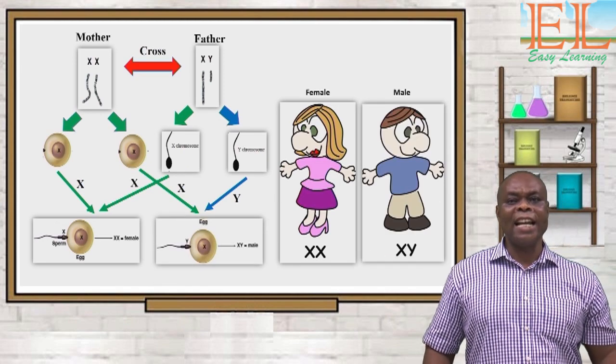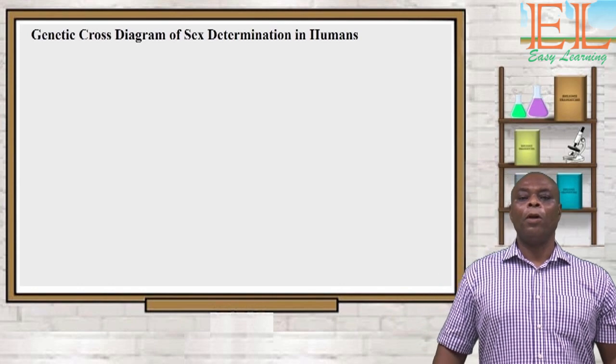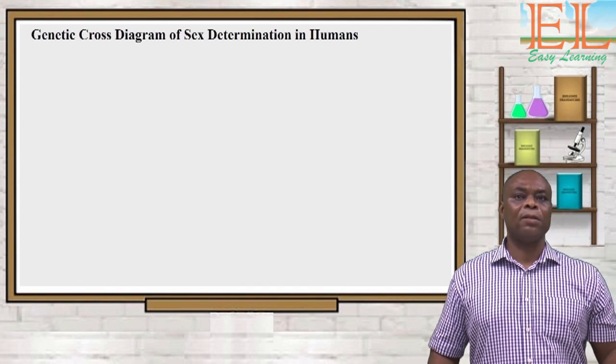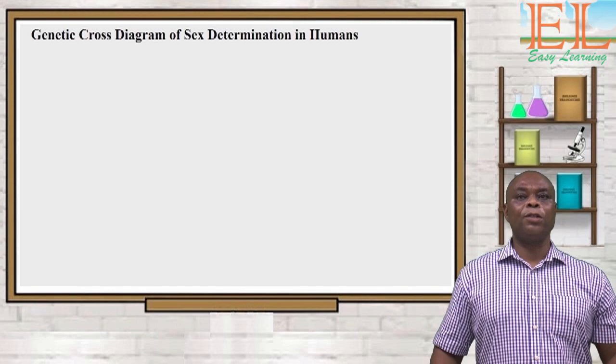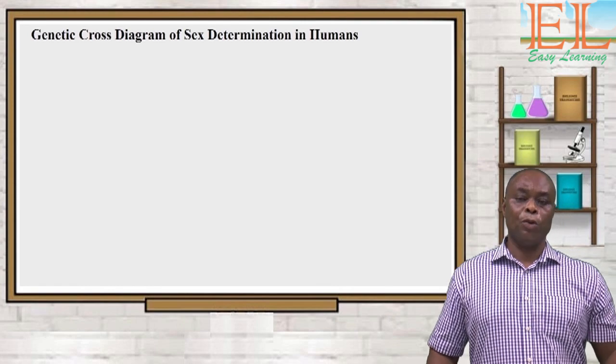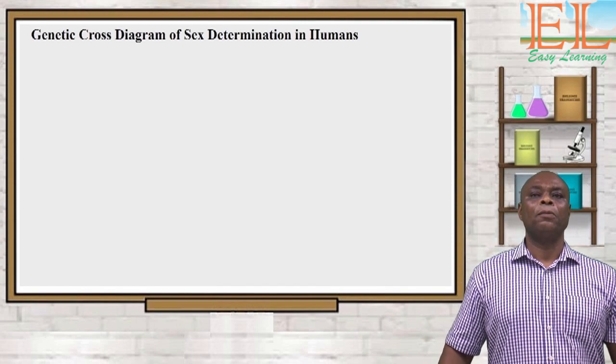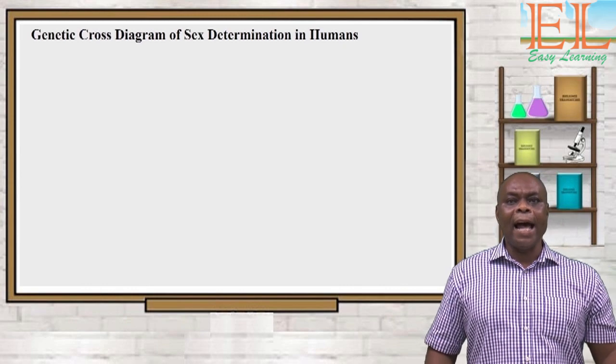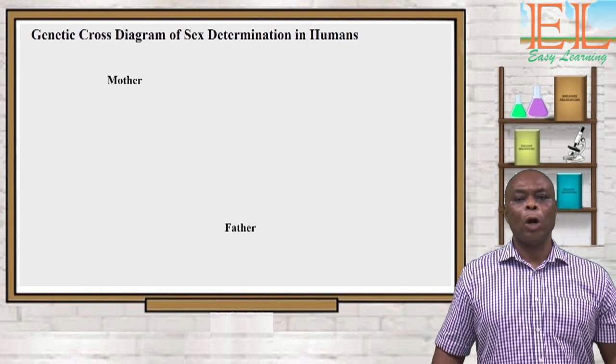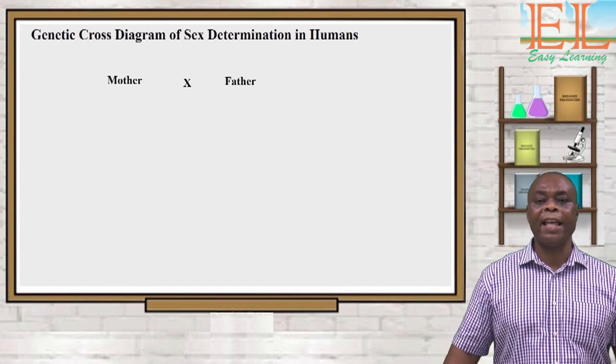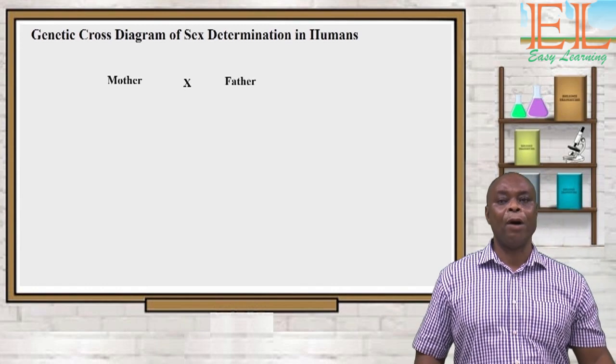Now let's come to the genetic cross diagram of sex determination in humans. This is what you will need for your exams during WASSCE. We have the mother and the father crossing, and that is the parental phenotype like we studied in our previous lesson.